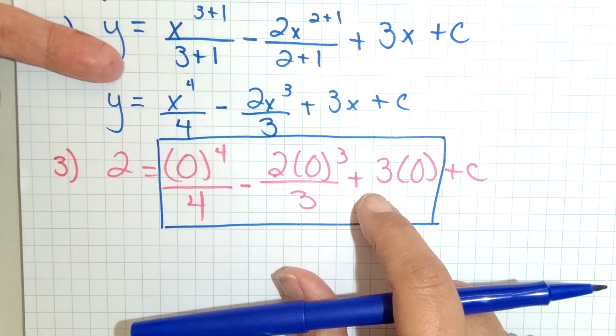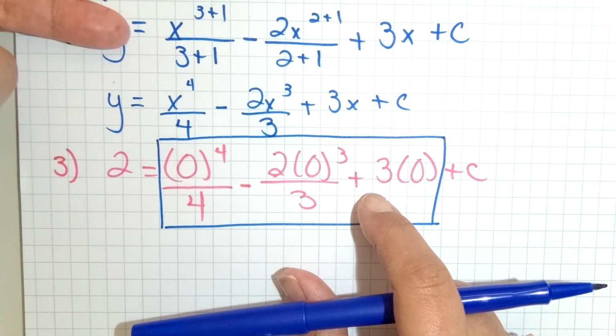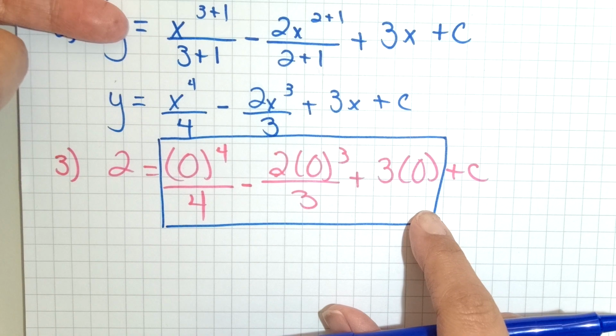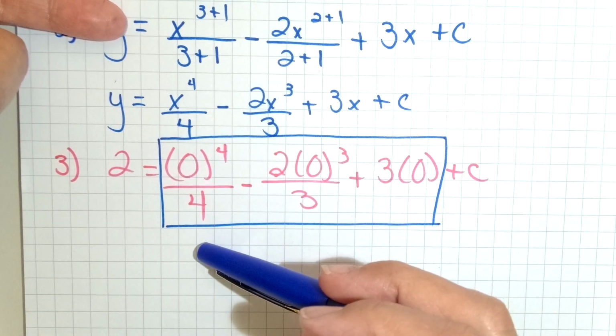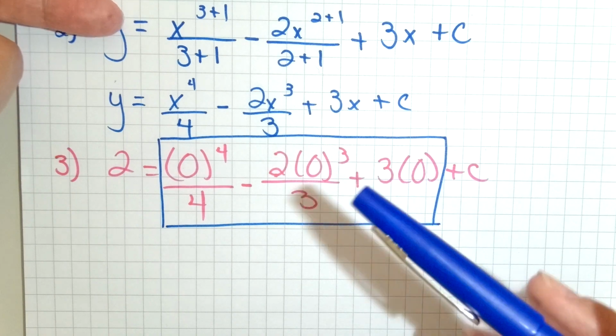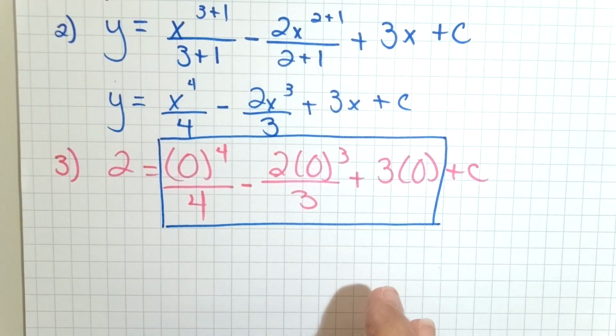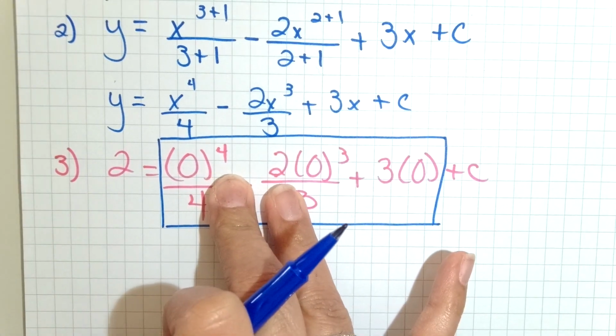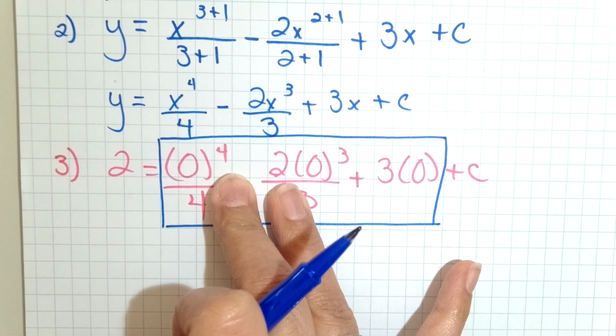I'm not going to do that. You can practice. But this is just going to be 0, 0, 0. 0 divided by 4 is 0. 2 times 0 divided by 3 is 0. 3 times 0 is 0. You are not going to always get 0. You might get a different number. So make sure you're putting this into your calculator. Just because I got 0 for this doesn't mean you're going to get 0 for all of them.